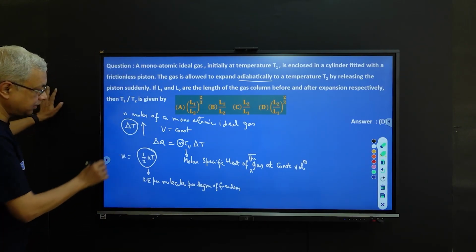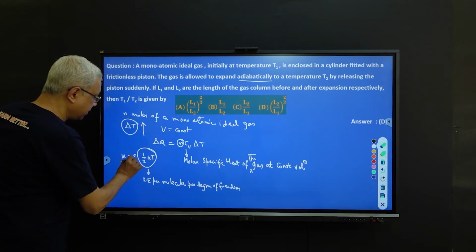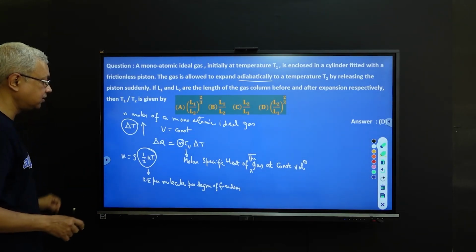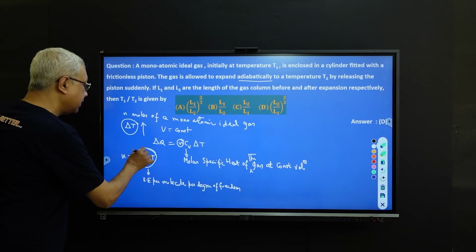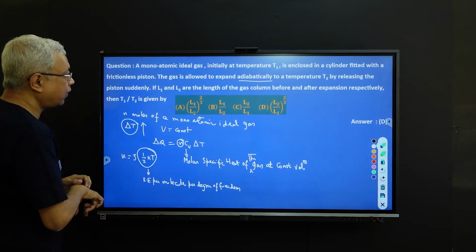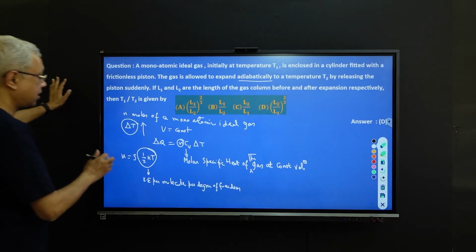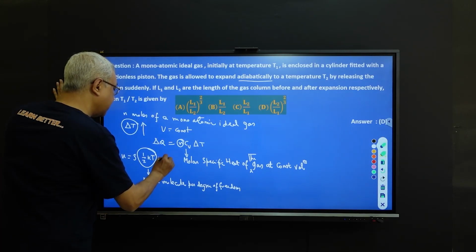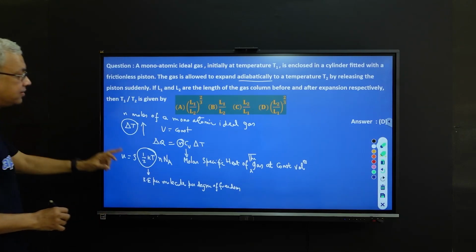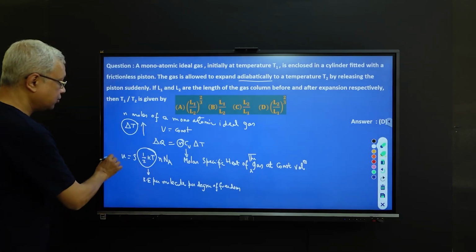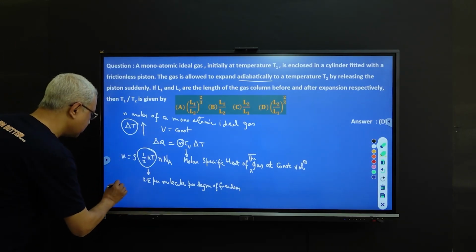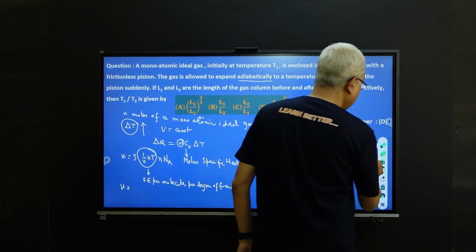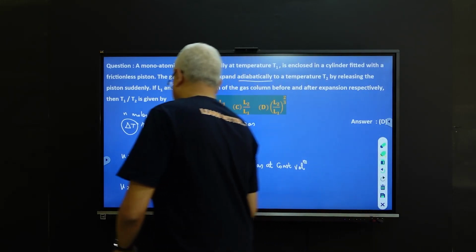Now, since it is a monoatomic gas, every molecule has 3 degrees of freedom, and in n moles of monoatomic gas, how many molecules are present? n multiplied by Na. Na is the Avogadro number. So this is the total internal energy of the gas, which depends on temperature only.